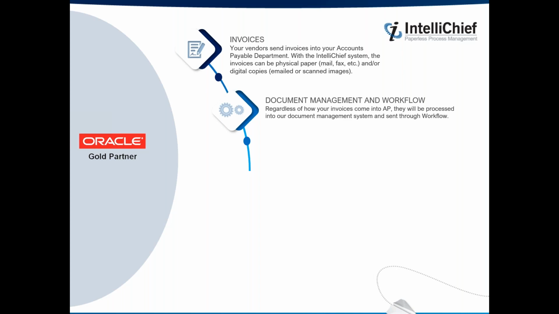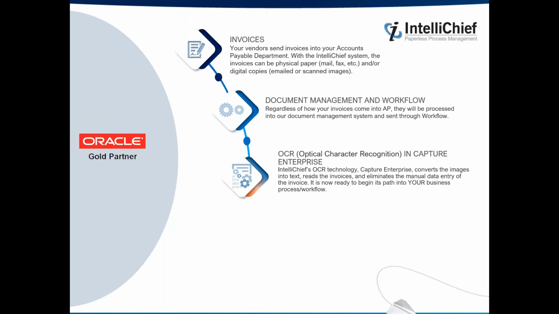And at the same time, that invoice is making its way through workflow. So it's eliminating the paper shuffle, right? We're going to talk about eliminating the data entry, eliminating the manual approvals, and letting the automation and the workflow take control of that based on your business rules. So document management plus workflow is happening right away.